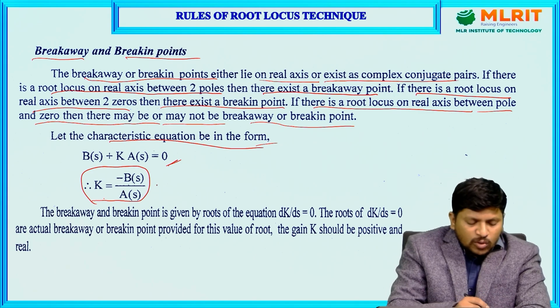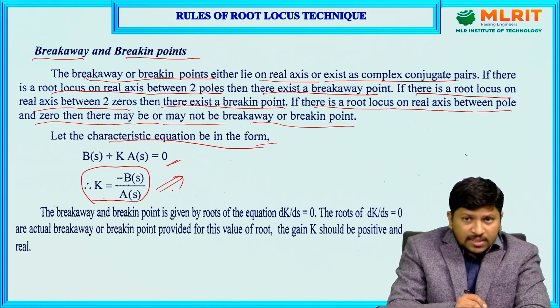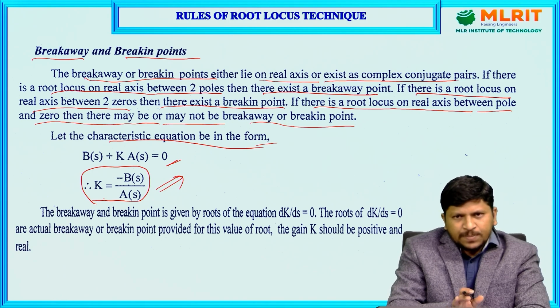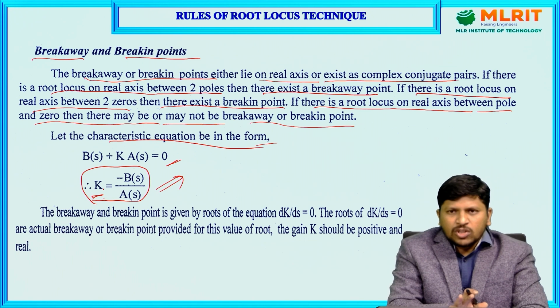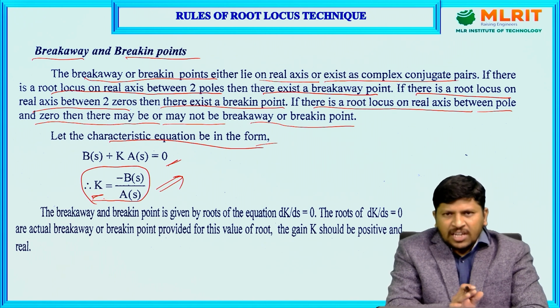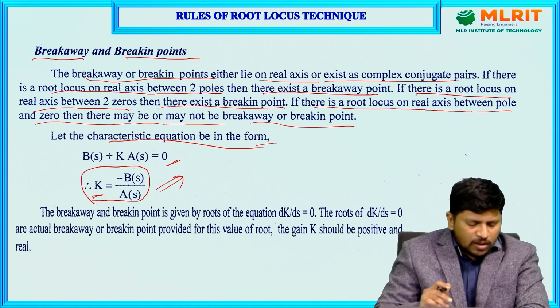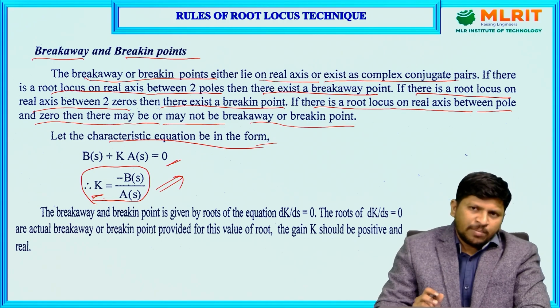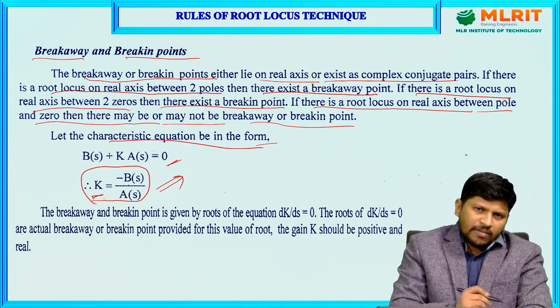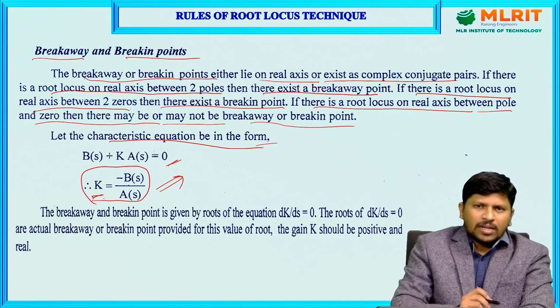Then we take the derivative of this k with respect to s and equate it to 0, and you are going to get the breakaway or break-in point. Always, the gain k value must be positive and real. Only then is the breakaway or break-in point valid, occurring on the root locus.